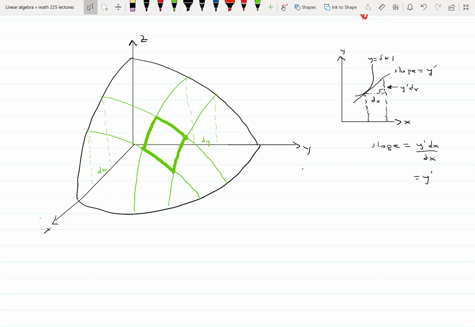Okay, and if you missed that, don't sweat it. I'm going to draw that in. At the upper corner of that little patch dS, I'm going to draw a little portion of the tangent plane, but only that portion that lies above the patch of surface area dS.